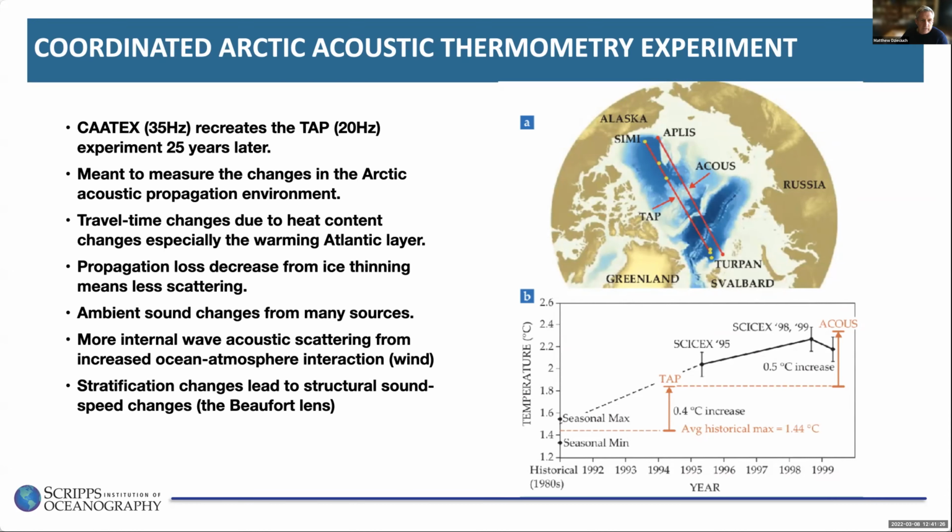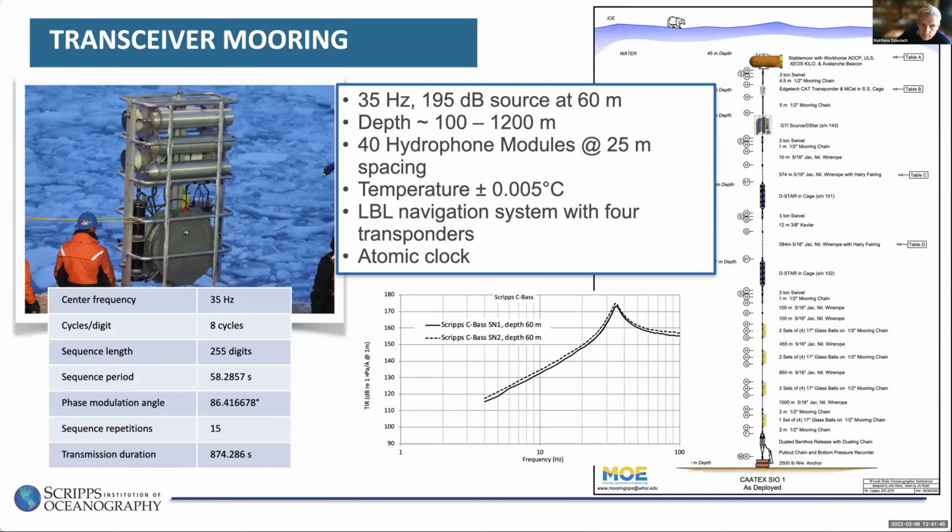Also, because the ice is getting thinner, it is probably less rough, which means it's a better reflector of sound. So the transmission loss will not be as great now versus in the past. Those are our motivations.